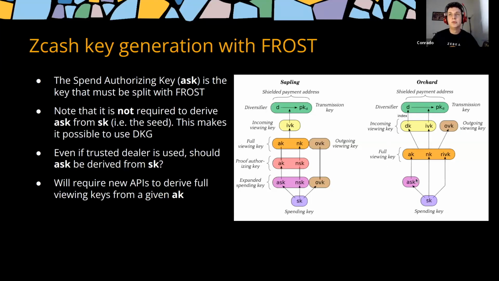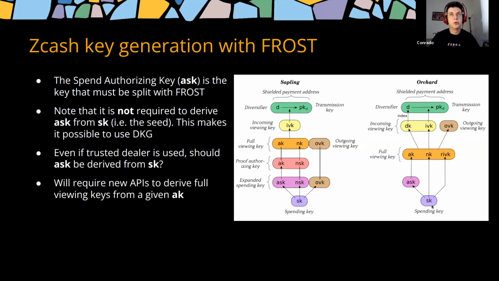So okay, we want to use FROST, so we should just take ASK and split it with FROST, right? We can do that, but if you want to use DKG, we can do that too, because when you use DKG, you can choose the key. You generate a random one, and you can control it. At first, this would seem to prevent us from using FROST with Zcash, but that's not true, because deriving ASK from SK is not mandated by the protocol.